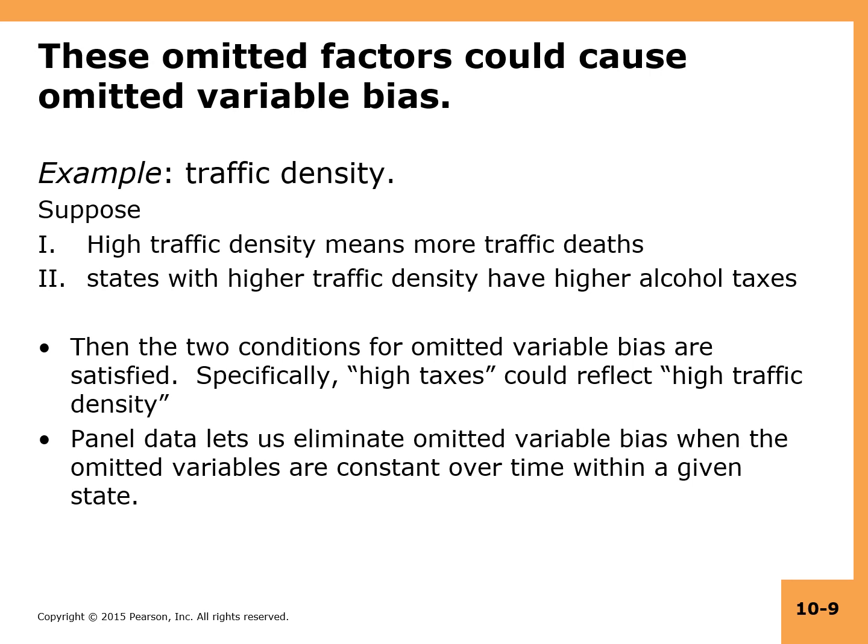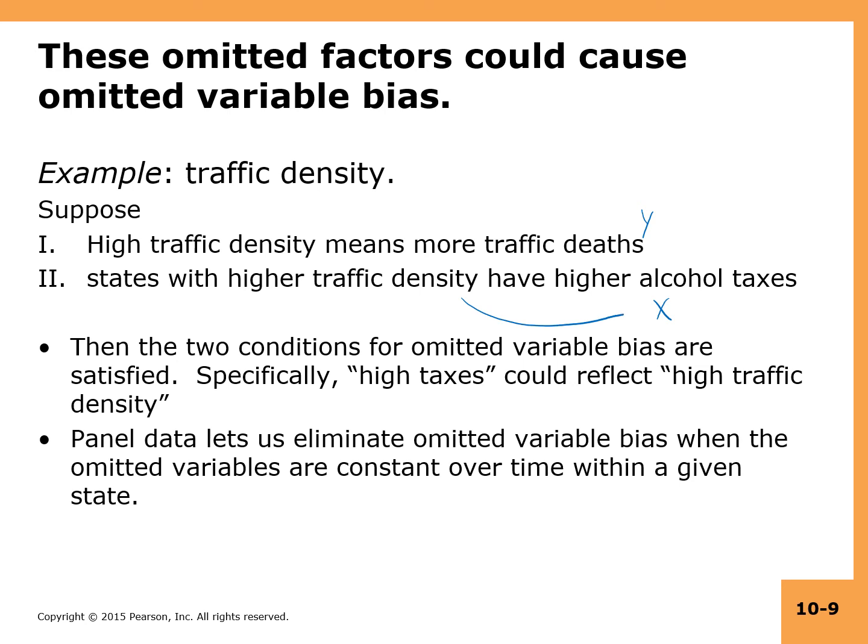So let's think of an example of traffic density. Higher traffic density means that there will be more traffic deaths. So in other words, this omitted variable would directly impact Y. Also, states with higher traffic density can have higher alcohol taxes. So this omitted factor is correlated with the variable of interest.